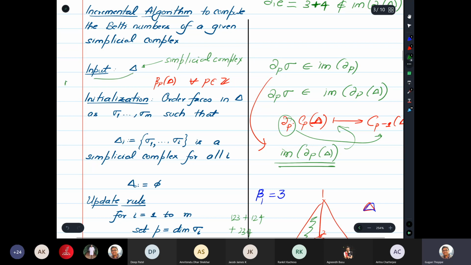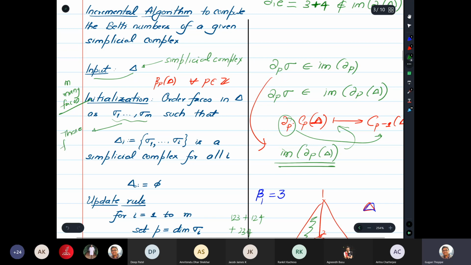I order these m faces such that the first face we will call sigma 1, the next face I'll call sigma 2, and so on, and the m-th face is sigma m. I would like to emphasize that these faces could have different dimensions.